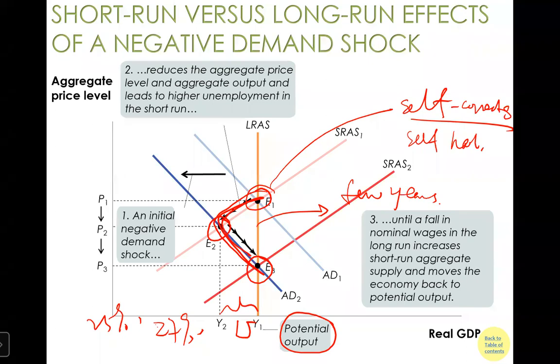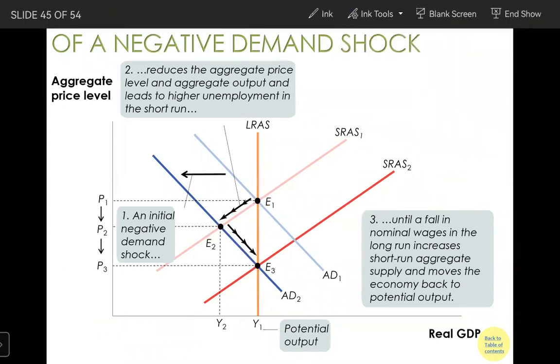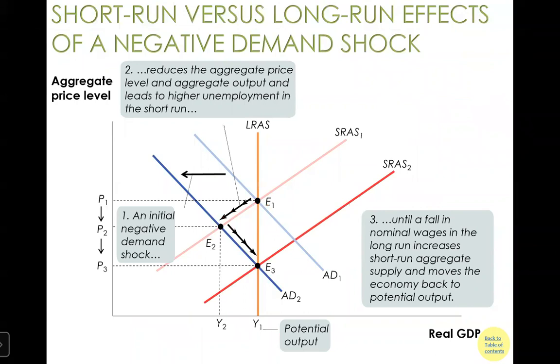So that gives us some justification for government intervention. But how can the government help? Let's again use this as an example. The market is going to move from here to here and to here. As I just mentioned, this adjustment is very painful and it takes a while.